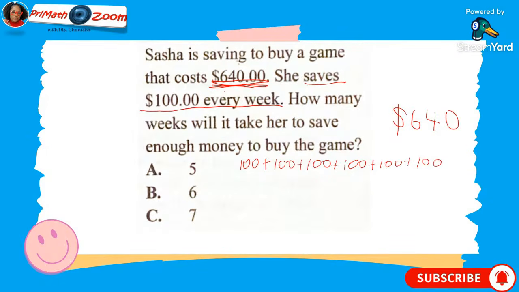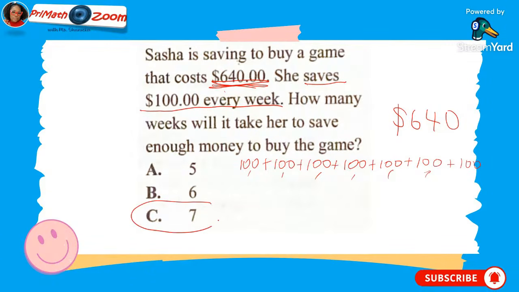As you mentioned, she saved for 1, 2, 3, 4, 5, 6 weeks and she has only $600, but she also needs that $40. So she has to save another week. So week 7, when she saves another $100, she can take that $40 from it. When she takes that $40 from it, she would be able to pay for that game that costs $640. So your correct answer would be 7.